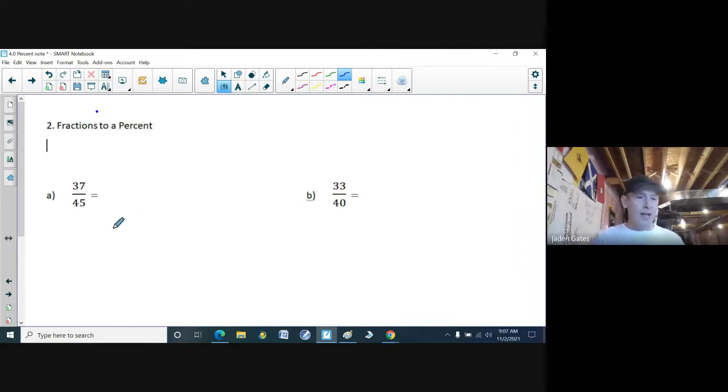To do that, 37 divided by 45 is a fraction, and so what we're going to do is divide those two numbers, because a fraction is just a divide question that's not done yet. And then on top of that, we're going to multiply by 100%.